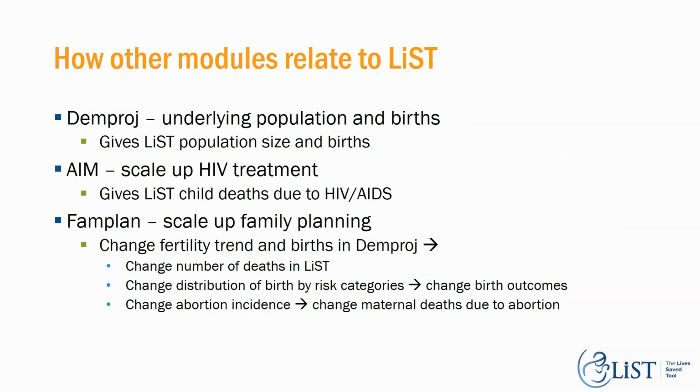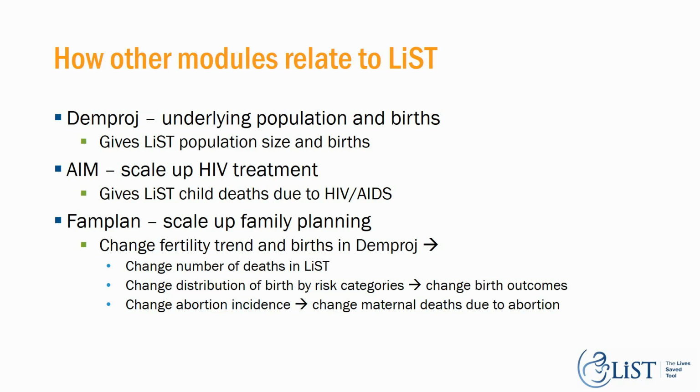So to dig a little bit deeper, DemProj gives us that underlying population and birth information. It gives the population size and the number of births. AIM is useful to be able to scale up HIV-specific interventions. But more importantly for LiST, it gives the number of child deaths that are actually due to AIDS.